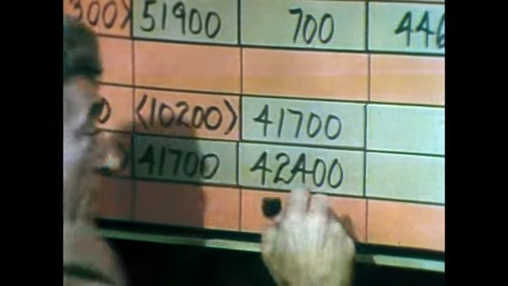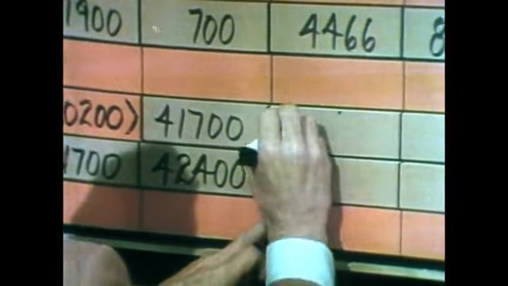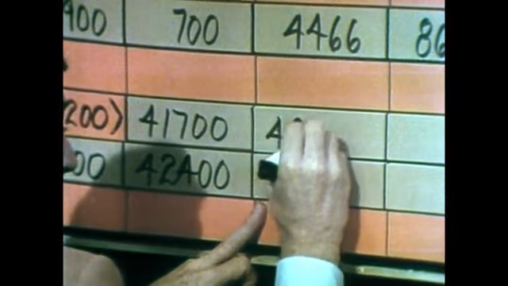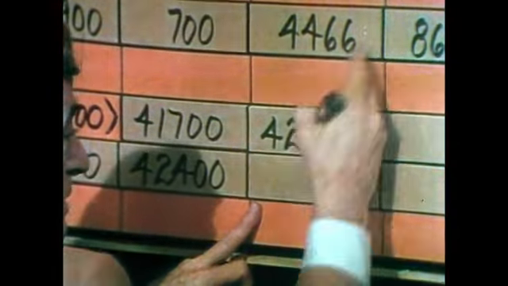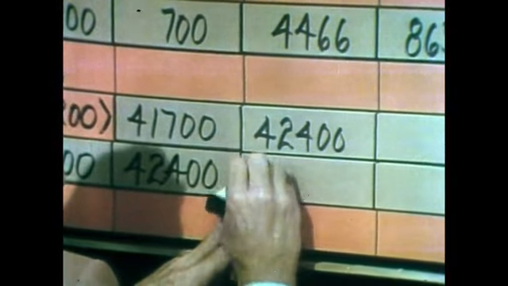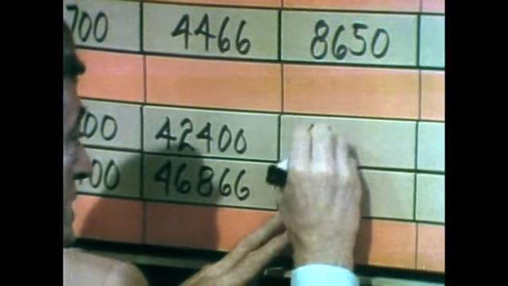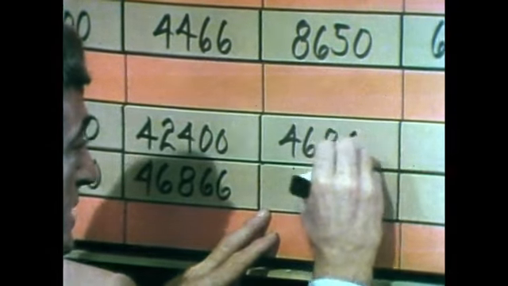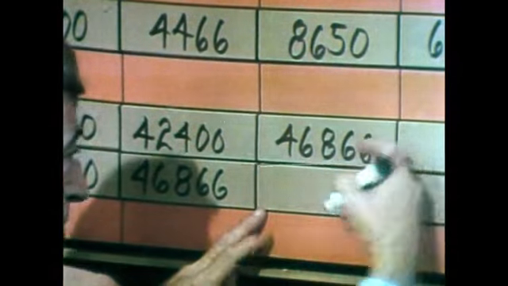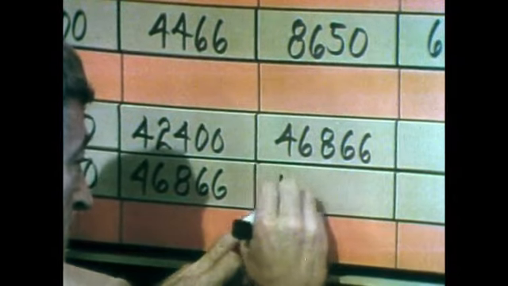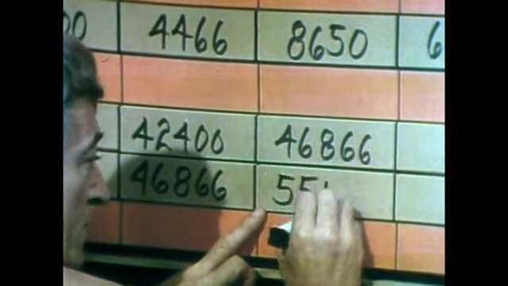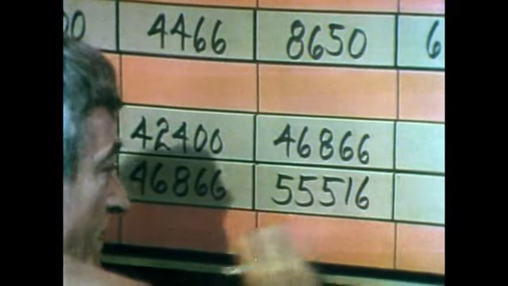That becomes the beginning balance next month, $42,400, and you add the cash flow. $46,866, and that is cash in the bank.